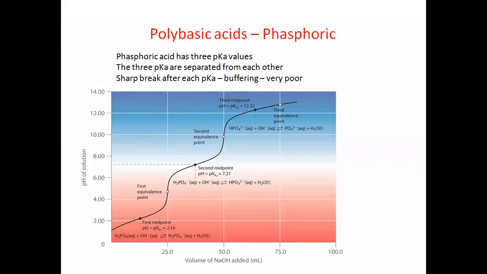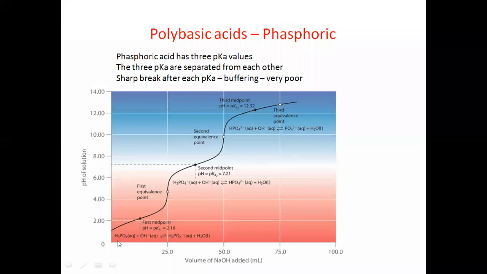You should carefully look at the diagram. Phosphoric acid has 3 pKa values. First of all, look at this equation. H3PO4 aqueous, when it combines with OH minus, only one proton is replaced.